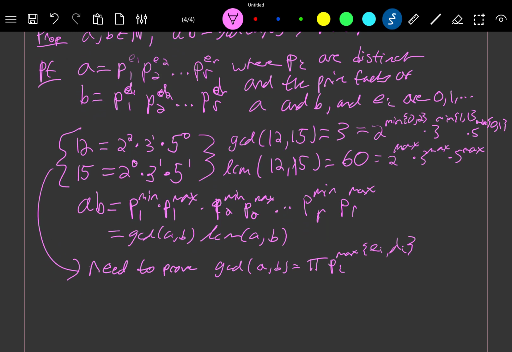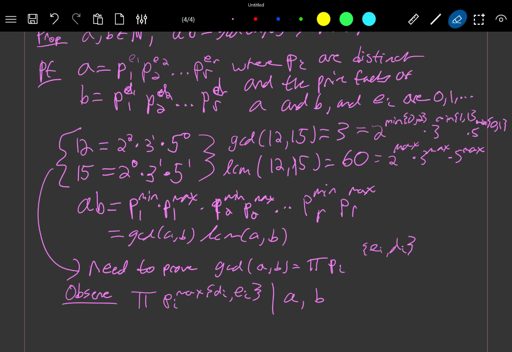And we observe that the product of the Pi to the max of the Di and Ei divides A and B, or wait, this should be the minimum. So for GCD you do the minimum, for LCM you take the max.